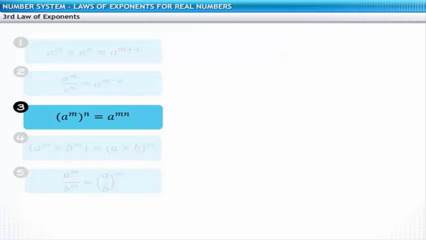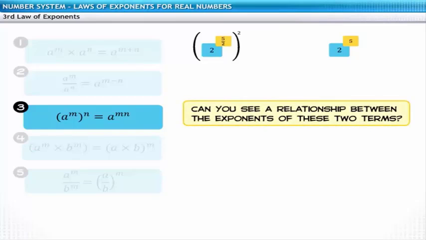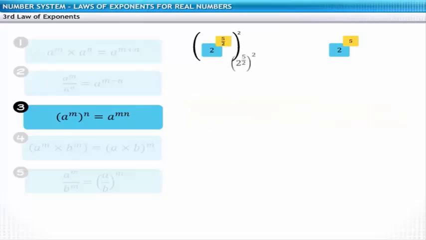Let's move on to verify the third law of exponent. Consider the next example. Here we have two terms, 2 raised to the power of 5 upon 2, the whole raised to 2, and 2 raised to the power of 5. Can you see a relationship between the exponents of these two terms? Let's examine the first term.